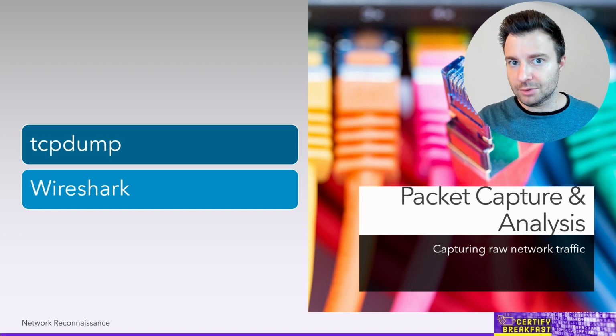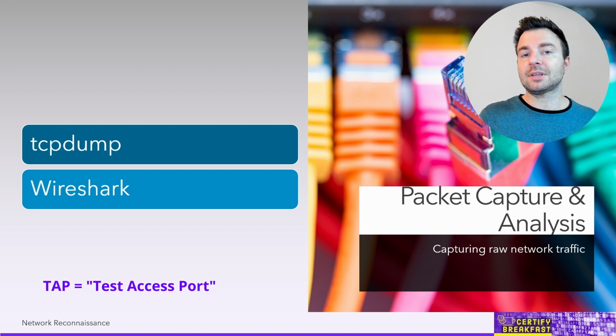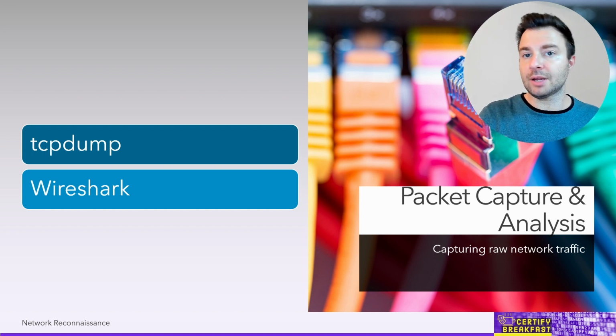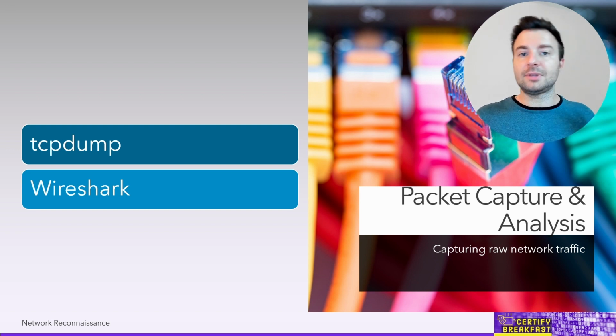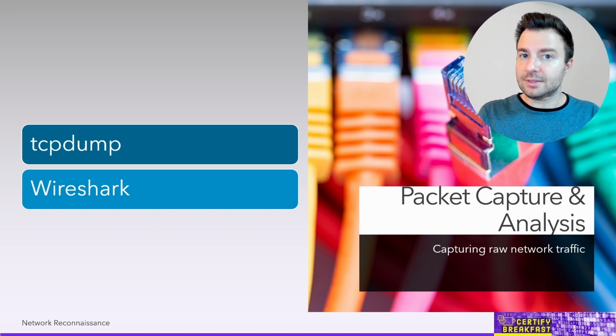So that's another way of doing it. And you can also do this using a passive device called a TAP, a test access port, which is basically just a T inside of a network cable, which basically acts like a mirror of a traffic on a network segment. It's not a switch in itself, it's simply a device that whatever comes in one port goes out the other, and also a copy of it is being generated on a third port where your network analysis device lies.